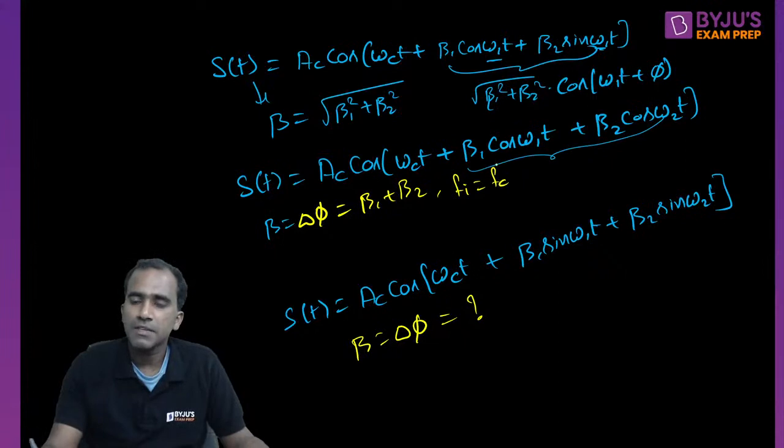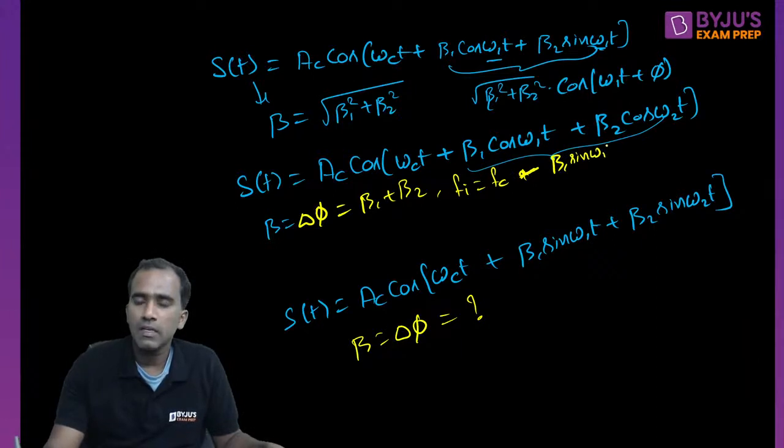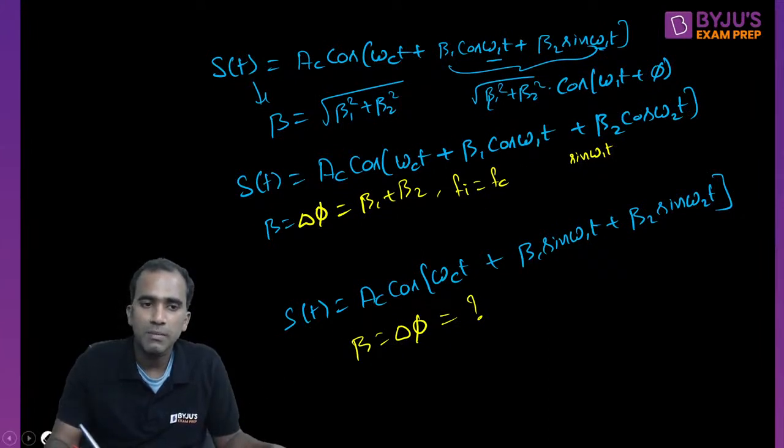So this part becomes Fc plus, if you differentiate this, cos becomes sine: beta 1 sine omega 1t into omega 1, divided by 2 pi, is beta 1 f1. I'm doing the differentiation directly, okay? Try to understand it so that space can be saved and you can understand things easily.